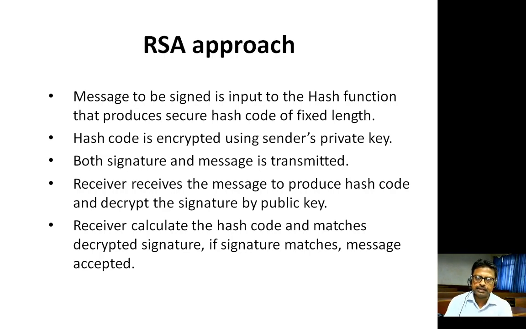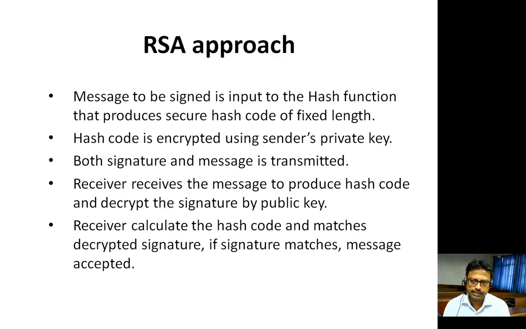So the RSA approach says that the message which has to be signed is first given to the hash algorithm, which produces a hash value of fixed size, and it is signed with the help of the signing algorithm. That hash value or hash code is encrypted by the sender's private key, and the public key is known to everyone.